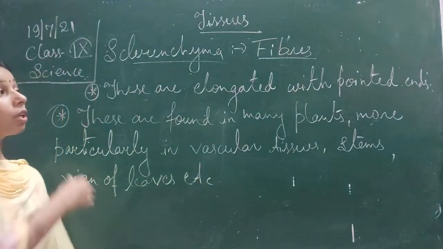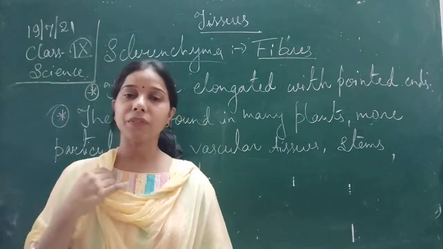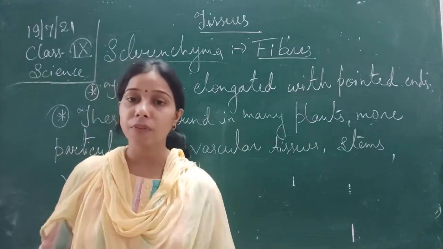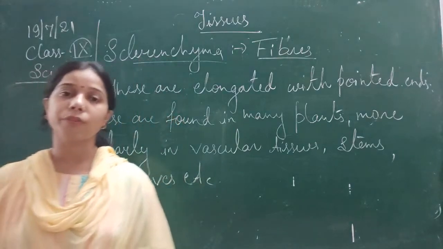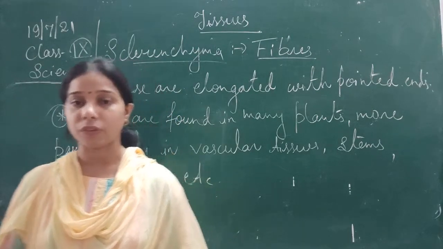Now these fibers are also classified into two types. The first one is the xylem fiber, which is also called wood fiber, and the second one is the phloem fiber, which is also called bast fiber.